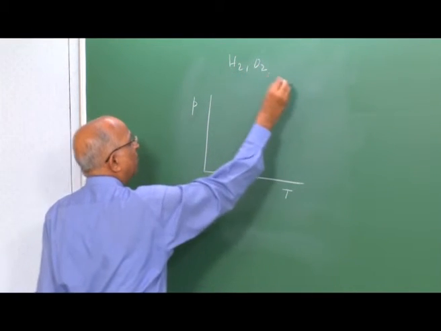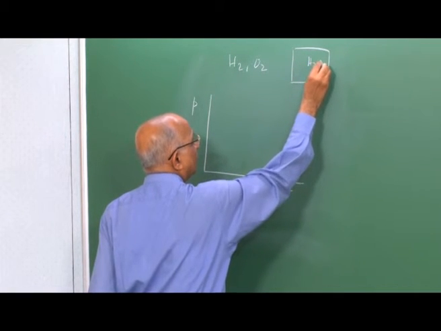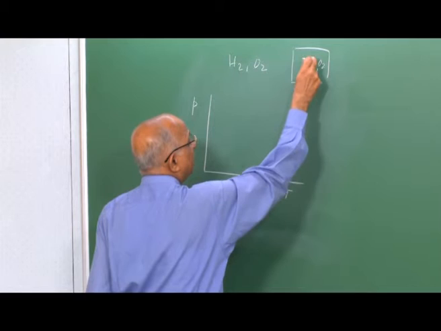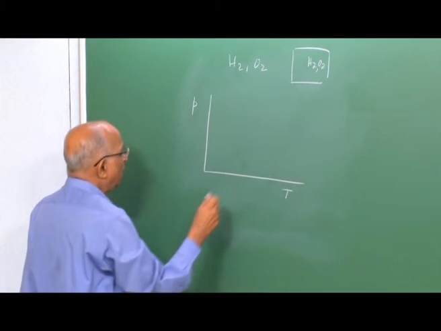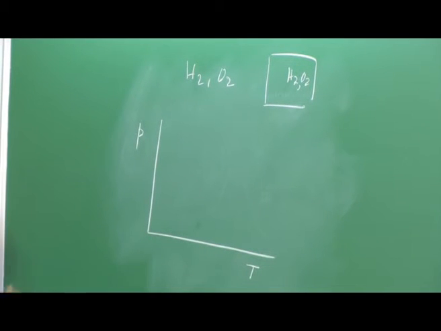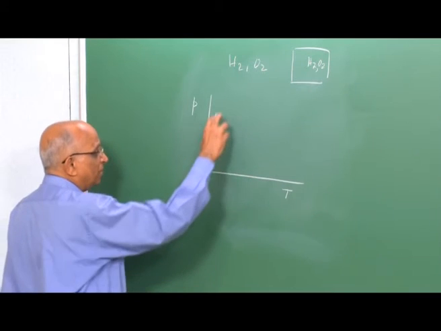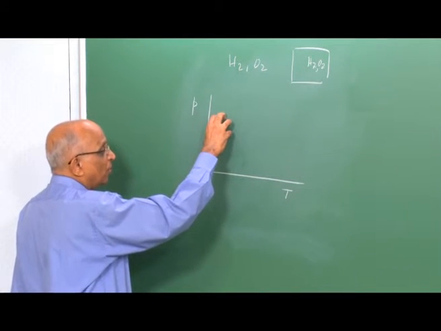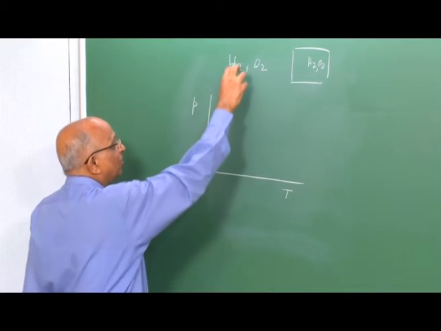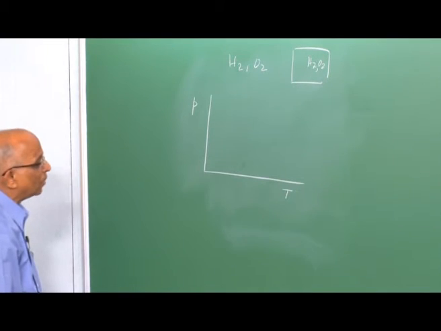In other words, I have a mixture of hydrogen and oxygen in a container. Let us say I vary the pressure and temperature. I want to find out whether the explosion diagram looks quite the same for all pressures and temperatures, or are there some regions of pressure and temperature in which no explosion is possible, and some regions in which explosion is possible? That is what I want to take a look at.